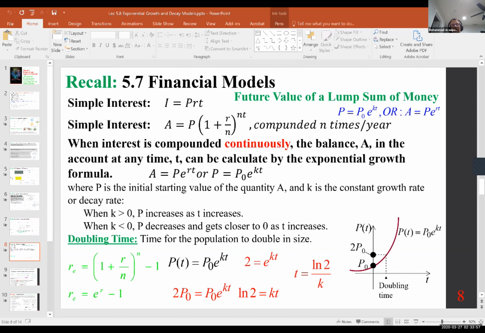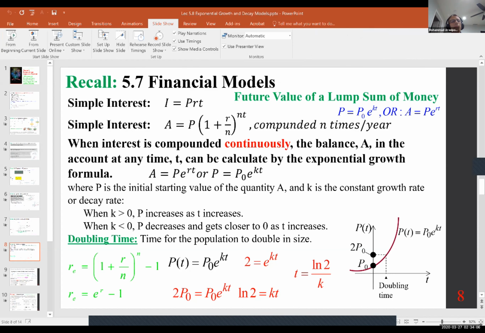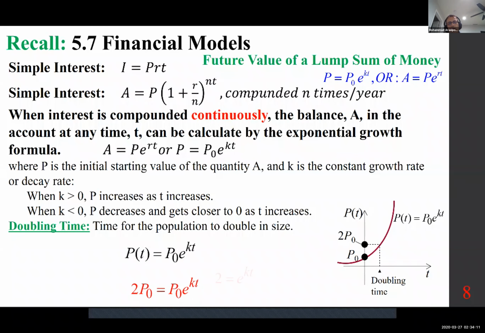It's important to remember this one because we're going to continue with this model, if you will. So we discussed the doubling, okay, class?